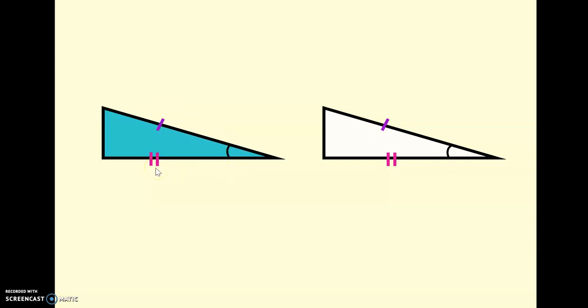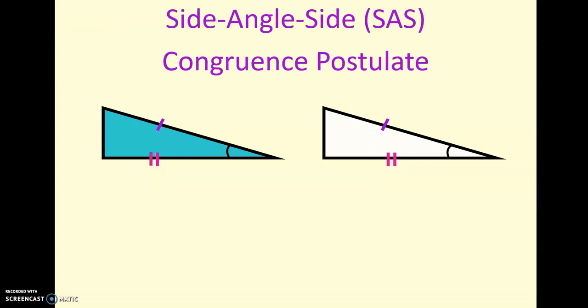So this is called side, angle, side, because the side, the angle, and the side are congruent to the side, the angle, and the other side. The angle has to be the one that's in between the 2 sides. If we were looking at this angle up here, top left, that's not side, angle, side.